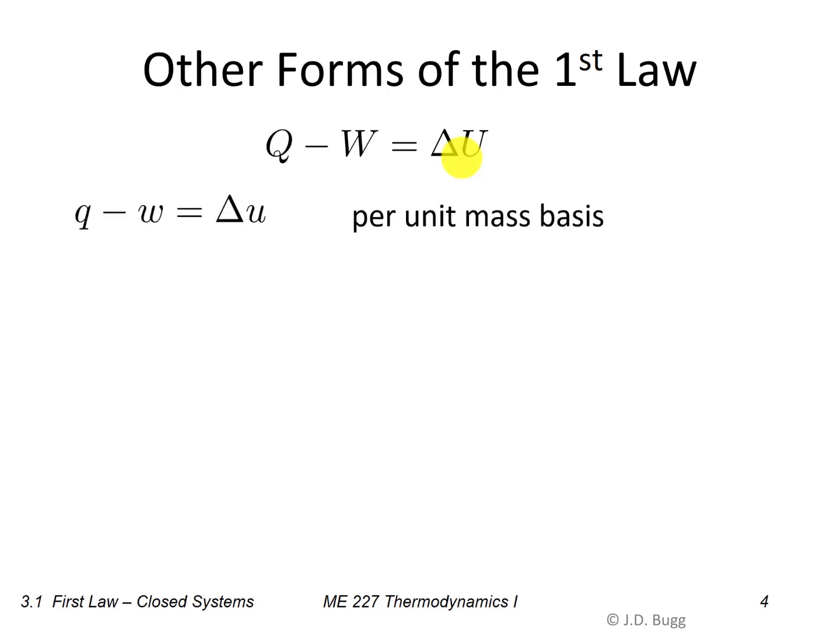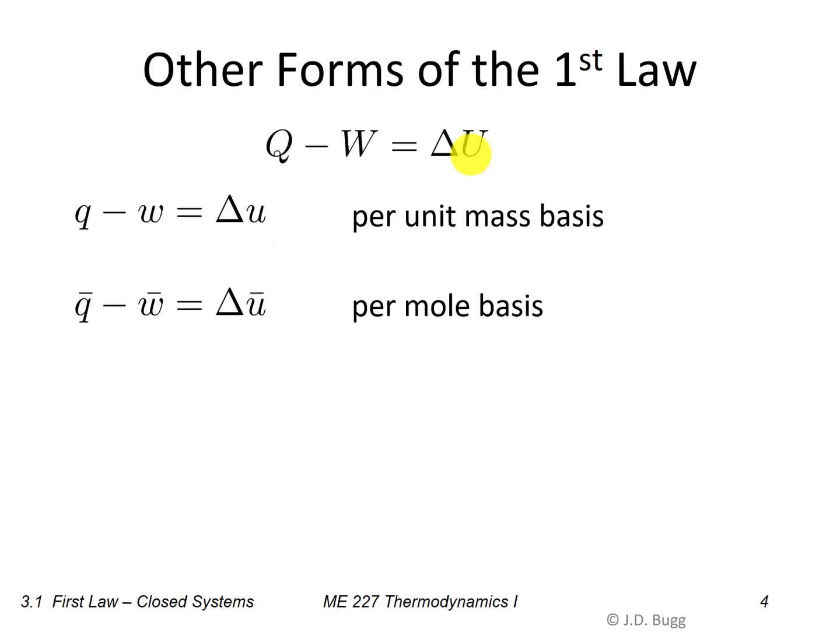Very often we will see the same equation but written on a per unit mass basis, and the only difference in notation is these are now all lowercase letters. But of course it's important to realize that if one of these is a lowercase letter, they all have to be lowercase. So you either need to do all three terms on a total basis or all three terms on a per unit mass basis.